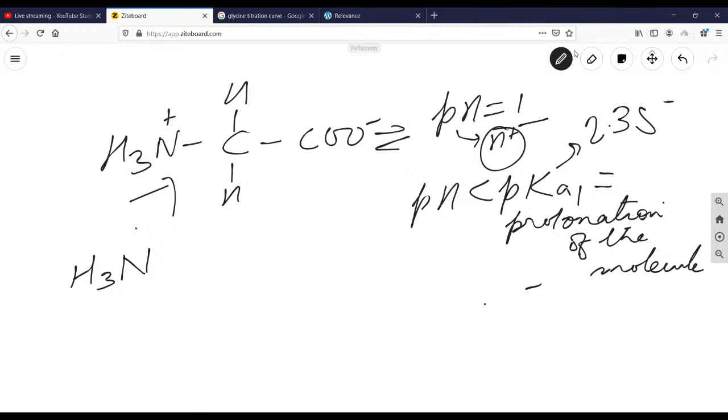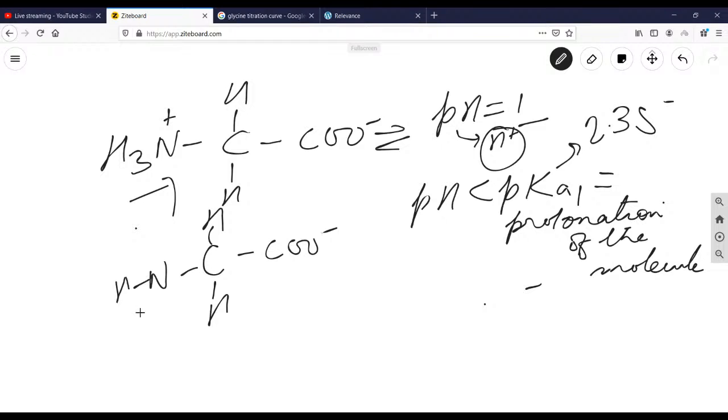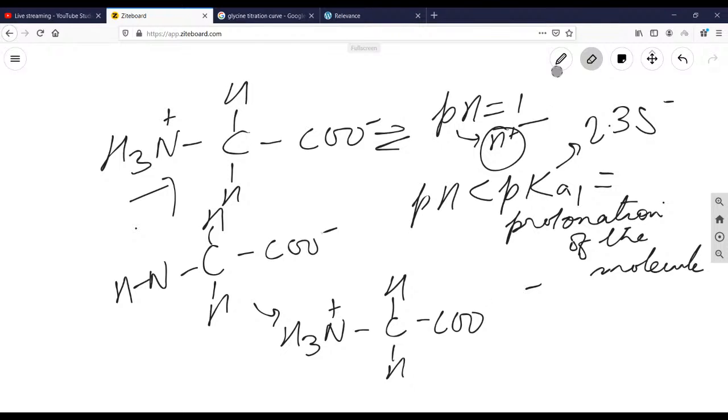Suppose it was like this in the beginning, NH. Now after protonation it will become H3N plus, CH, COO minus. Sorry, protonation will happen here also, COOH.